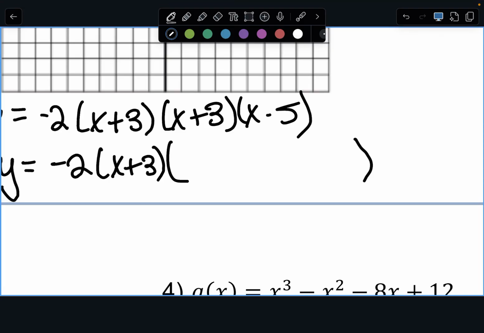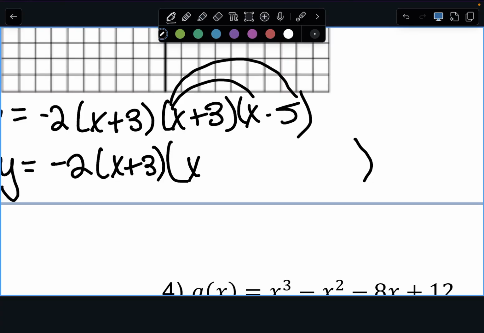FOIL. First is x squared. X times x is x squared. Outside would be -5x. Inside would be 3x. Add them together, -2x. Okay? Last piece, 3 times -5, -15.